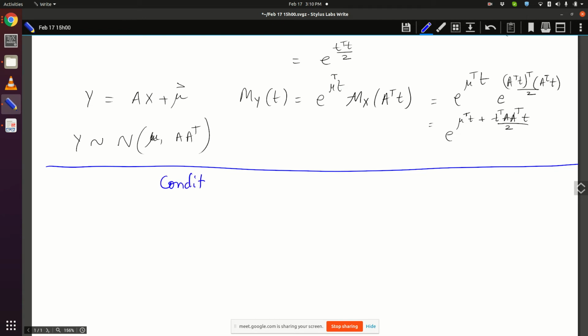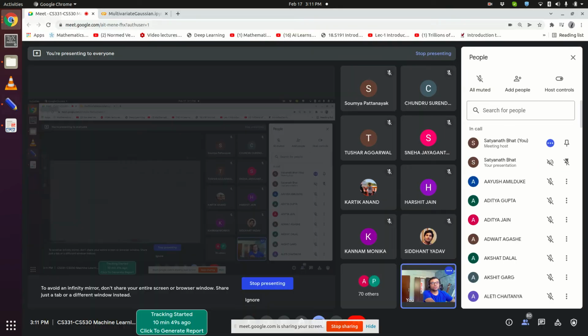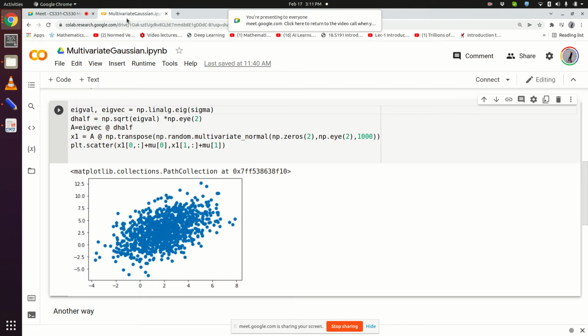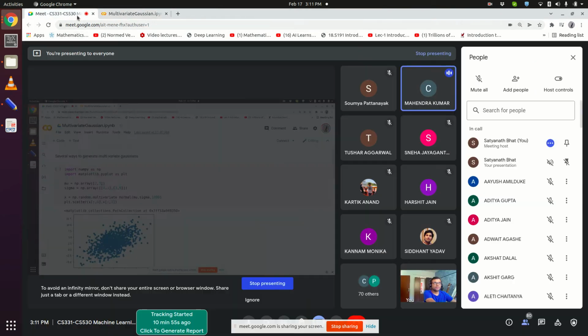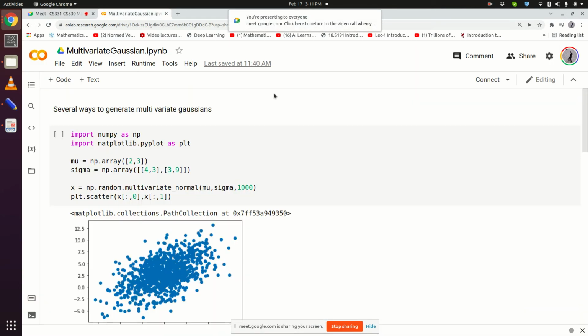I had shared a code. Does anyone have any insight what that code is doing? Do you all remember this code? First, we were generating some data in standard multi-normal, and then transforming into general mu and sigma.